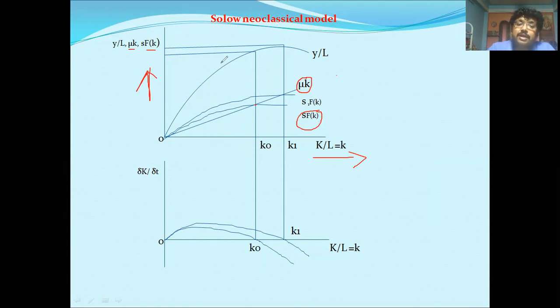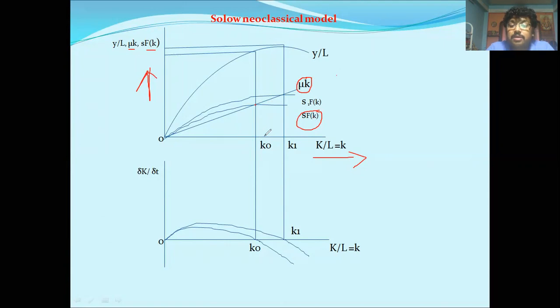And here the income per head curve is increasing at a diminishing rate. Why? Because when the capital stock is increasing, mu k increases at the same rate, but the savings per head increases, but not at a similar rate.